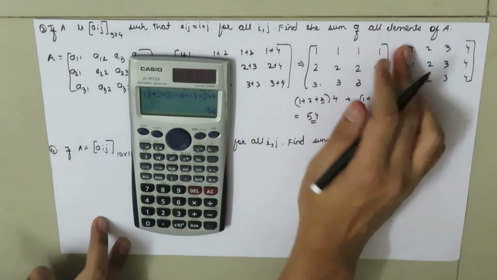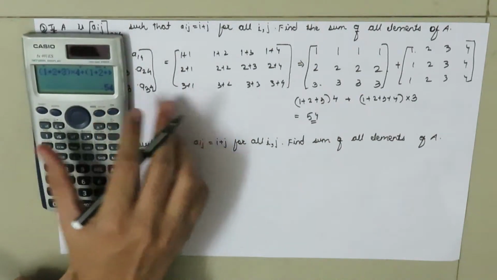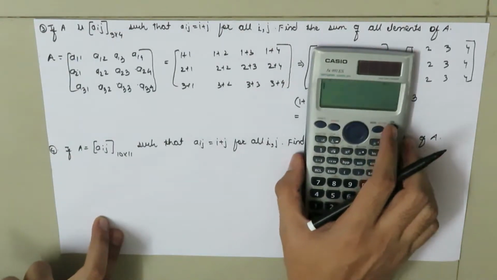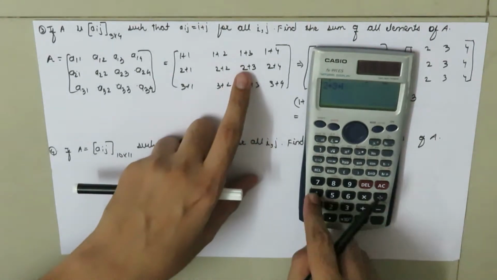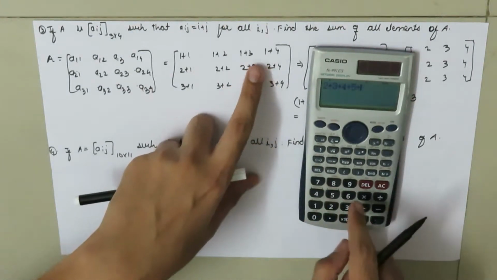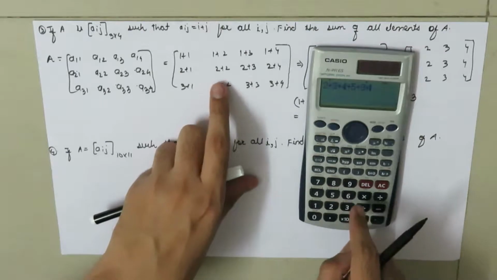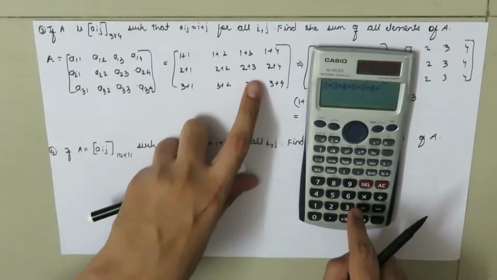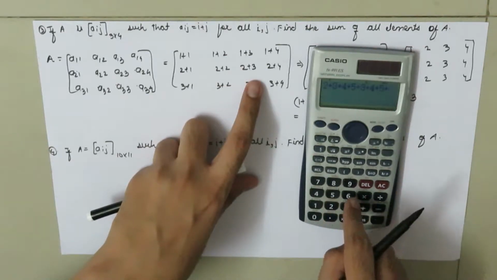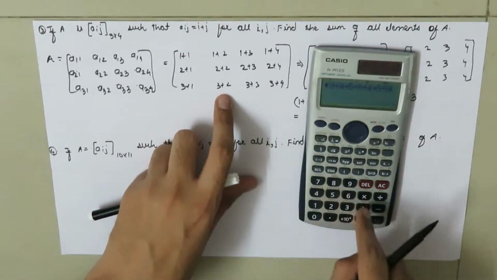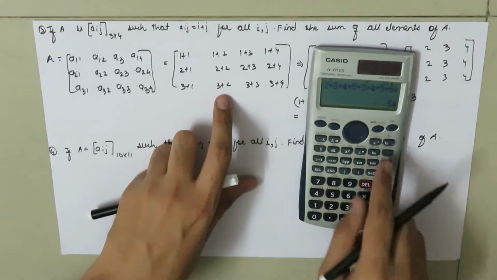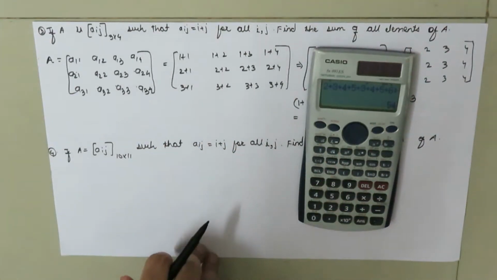So the sum of all the elements of A we can find from this matrix: 2 plus 3 plus 4 plus 5 plus 3 plus 4 plus 5 plus 6 plus 4 plus 5 plus 6 plus 7, and this is equal to 54.